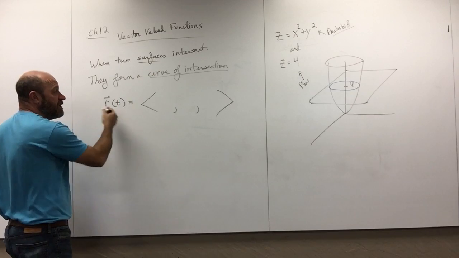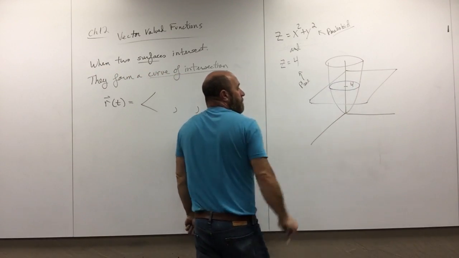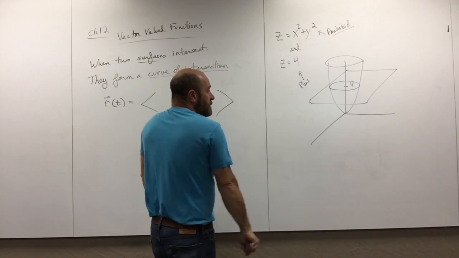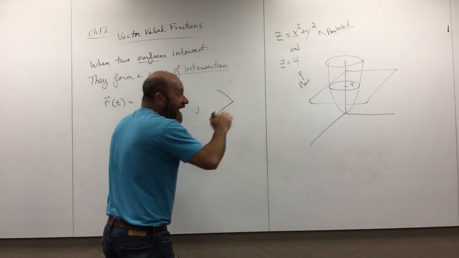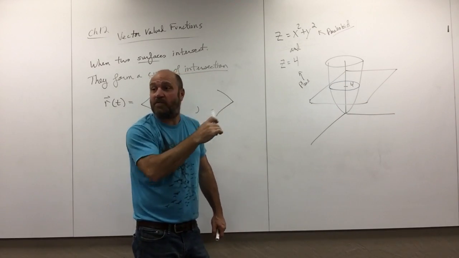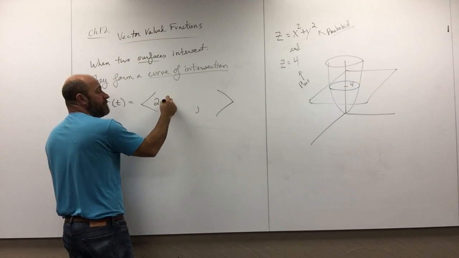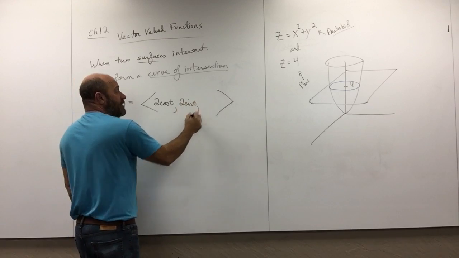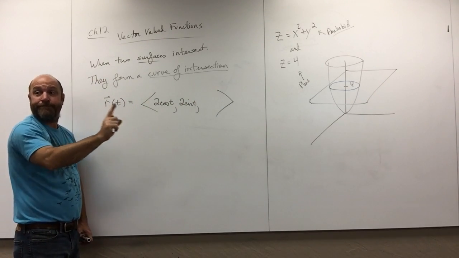The curve of intersection can be, there it is: 2 cosine t, 2 sine t, 0. So he decided he wanted circular motion in the xy plane. He said let x be 2 cos t and let y be 2 sine t, and that'll get you a circular motion of radius 2.